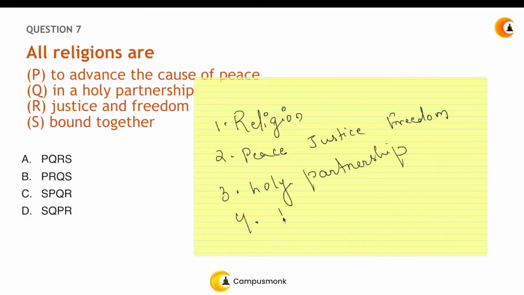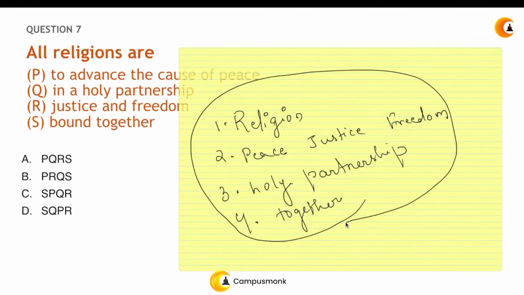Fourth, together. Now I just need to arrange all of them. So all religions are bound together in a holy partnership to advance the cause of peace, justice and freedom.